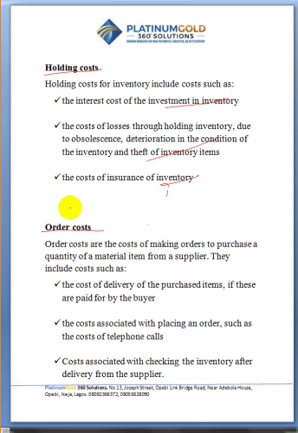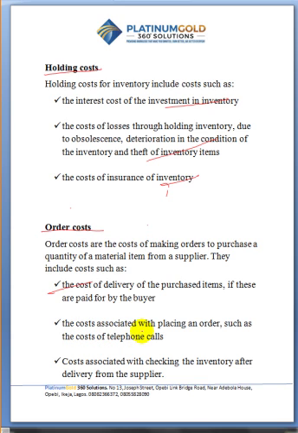The order costs are the cost of making orders to purchase a quantity of a material item from a supplier. They include costs such as the cost of delivery of the purchased item, if these are paid for by the buyer.